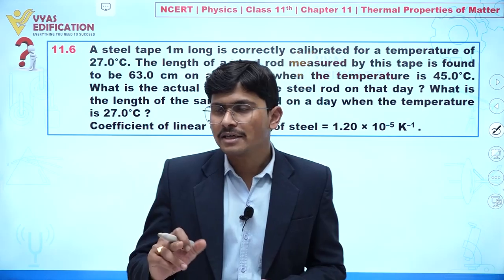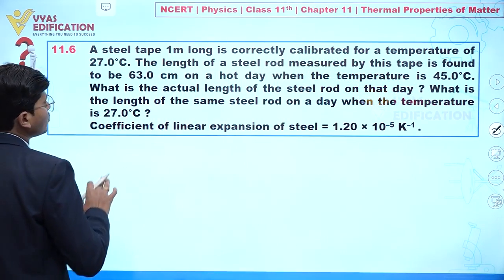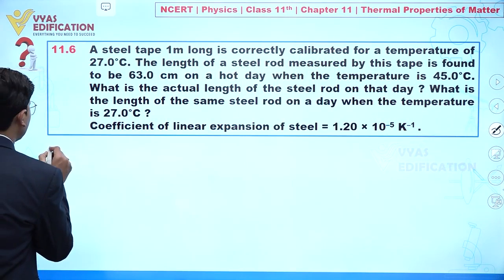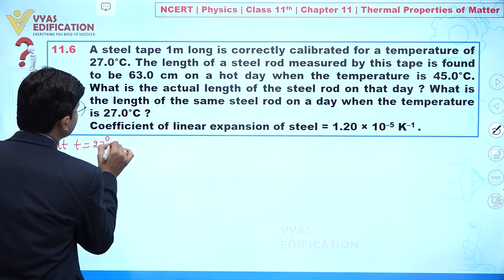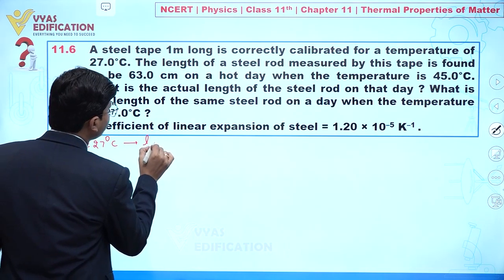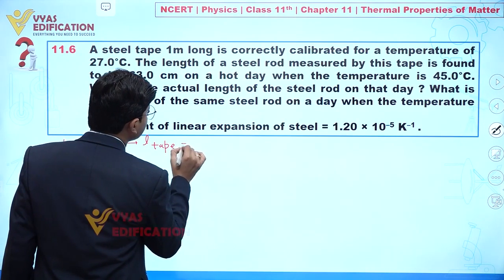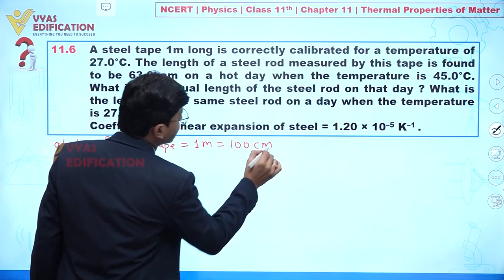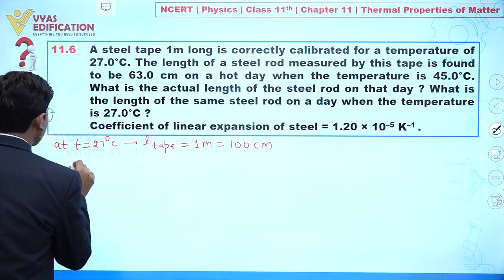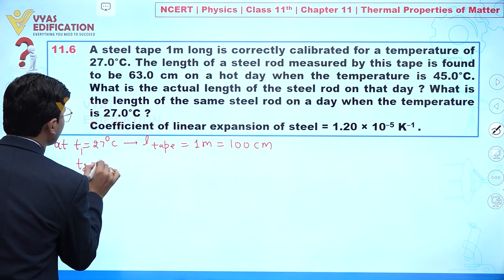If temperature increases, again what I am saying, I am writing here, clear: at T equal to 27 degrees Celsius, the length of the steel tape is equal to 1 meter or 100 centimeter, clear.